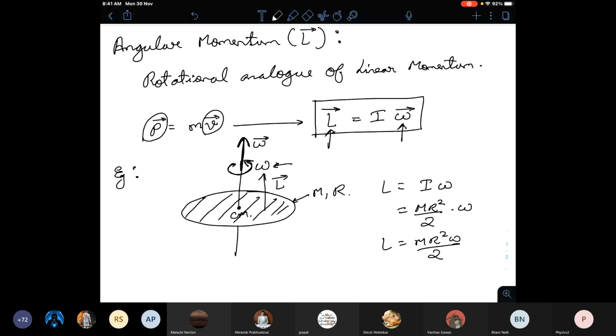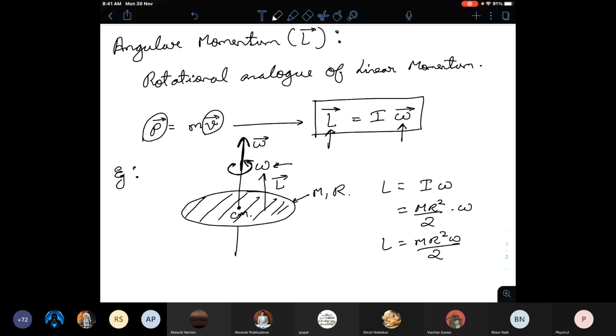So, angular momentum is the rotational analog of linear momentum. Whatever is the use of momentum in linear motion, the same use is shown by angular momentum in rotational motion. Use means what?